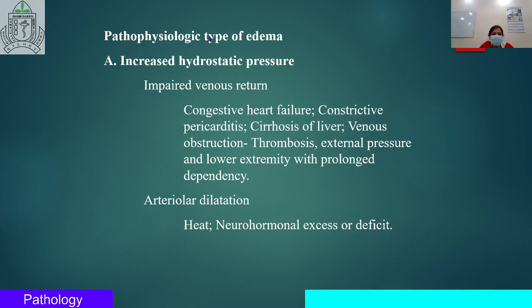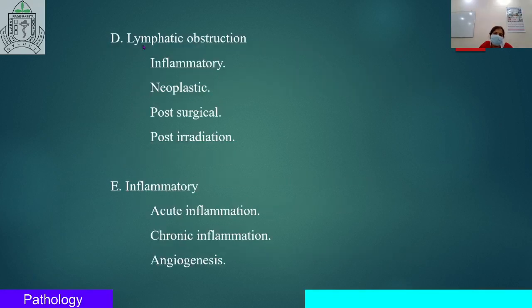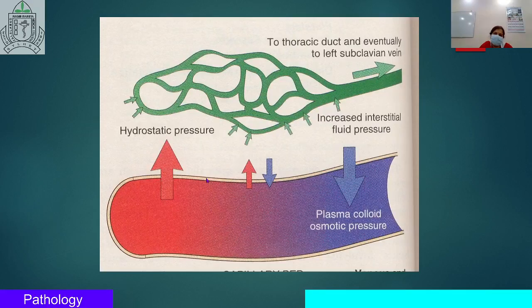So, the pathophysiological classification of edema, in a word: number one is increased hydrostatic pressure, two, reduced colloidal osmotic pressure, three, renal retention of sodium, number four, lymphatic obstruction, and number five is inflammatory.